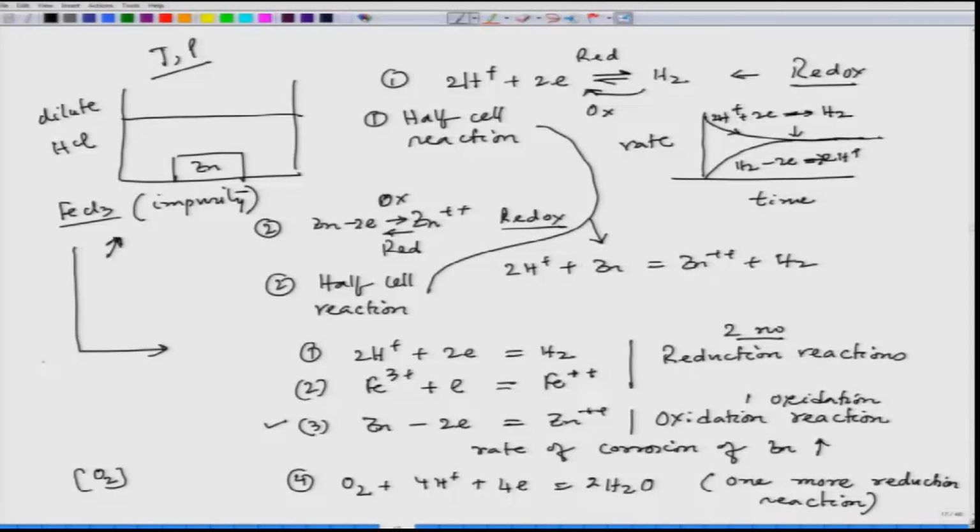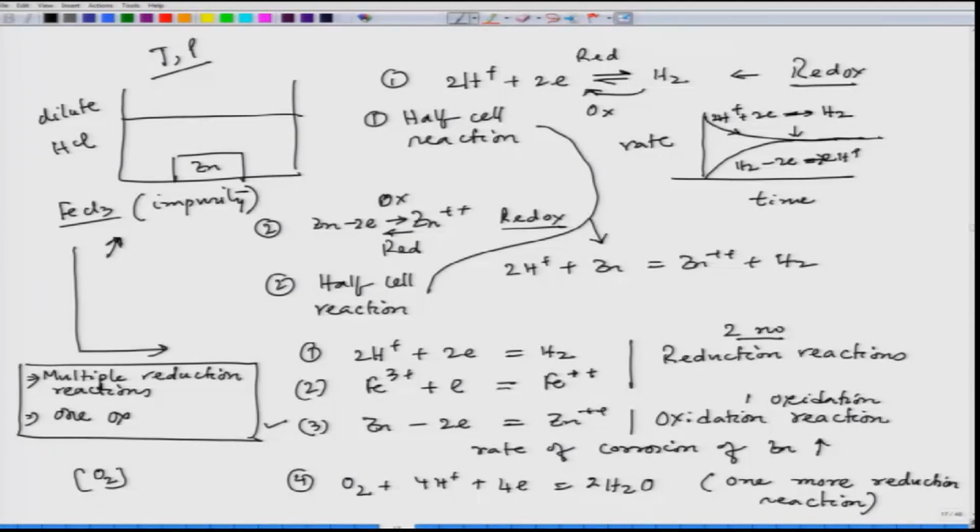We can have a situation of multiple reduction reactions and one oxidation reaction.